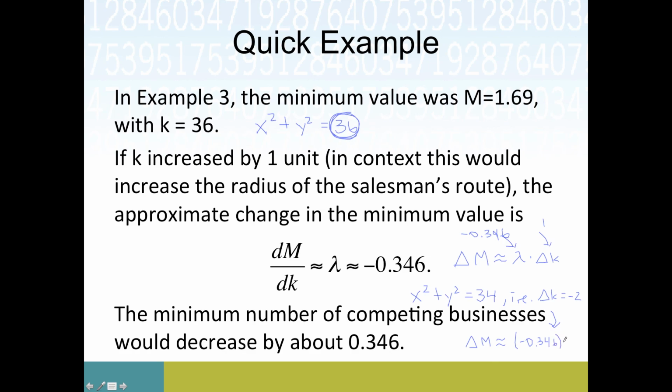And since we're dropping by 2, we would say, okay, our circle is getting slightly tighter. The radius isn't quite as big because r squared is only 34 now. And so our competition level would go up. We're imagining the closer to the center of the city, the more competition. So 2 times 0.346, approximately 0.7 more businesses he would run into even at the minimum competition location.